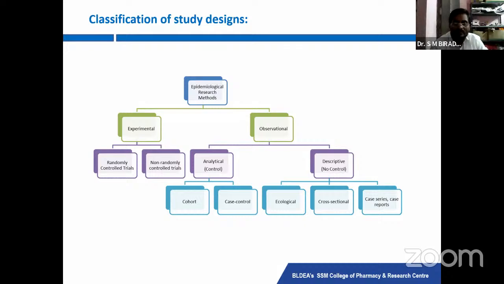Depending upon their observation, they will make some outcome of the study. This is what an observational study is. Means the researchers are not directly conducting any kind of intervention or experiment on the study. Those studies are called observational studies.